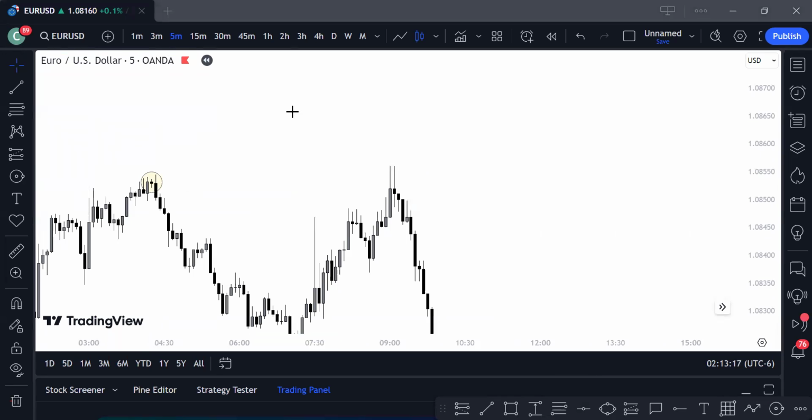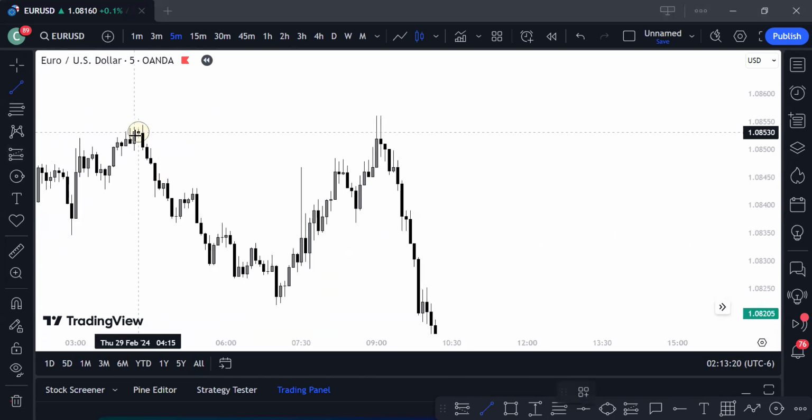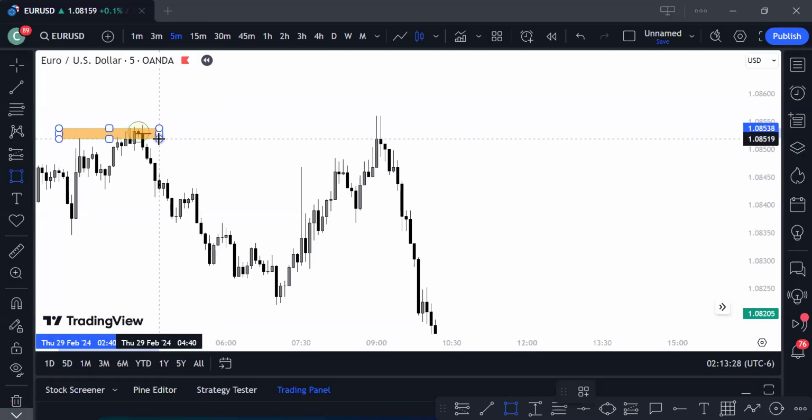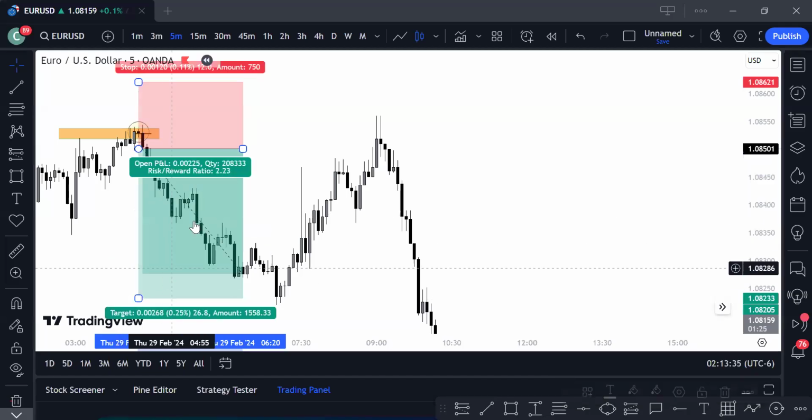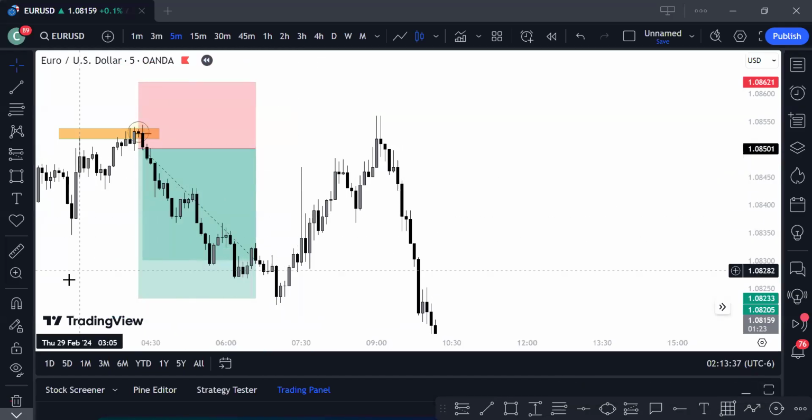Right? Please take notes. You can see it's closed below the body of this. This is where I want to be taking my trade from. And this has to be inside your supply level. Sure you get it. Your entry is there. Then look at what happened. It melted.